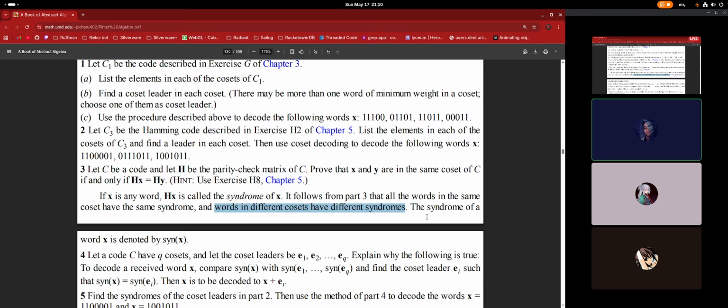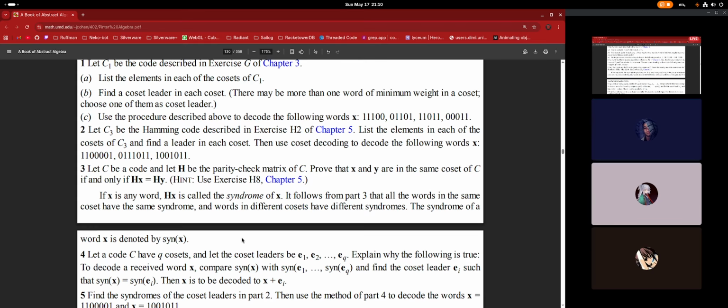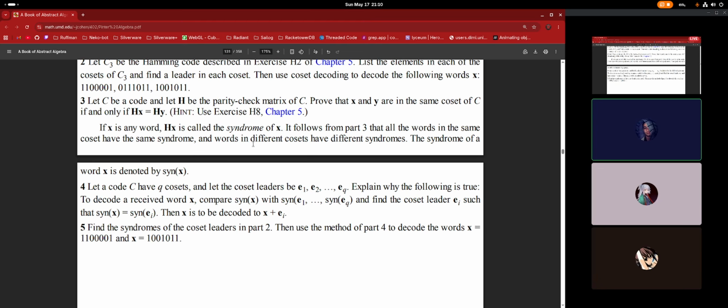The syndrome of a word X is denoted by this syntax. What is the need of this word? I have no idea why they picked this word, to be honest. Why can't we say coset of X? Wow, that's overloading, but the word they picked to fix that overloading is kind of weird.